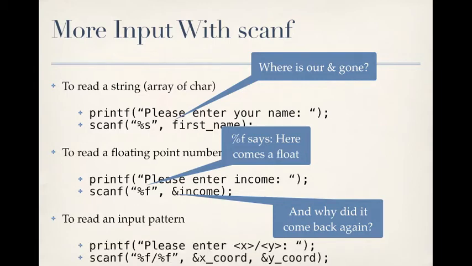I will show you what and why this comes. But first I want to finish different parts of scanf. So this is our last example. We want to have coordinates, for example, inputted by the user in the form x coordinate / y coordinate. So we write here, please enter x / y.